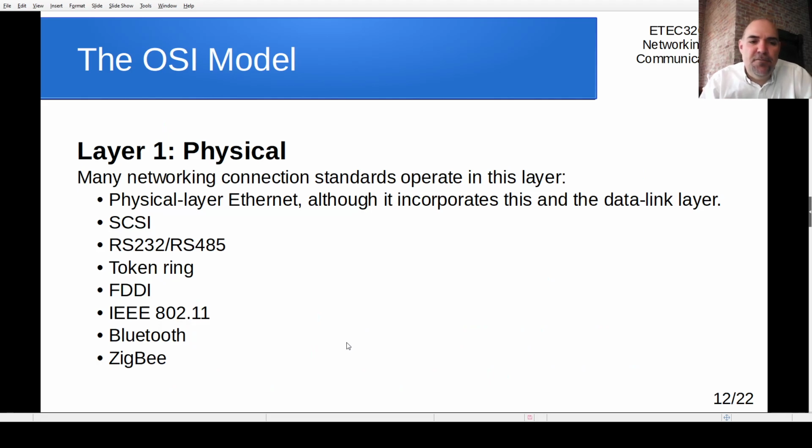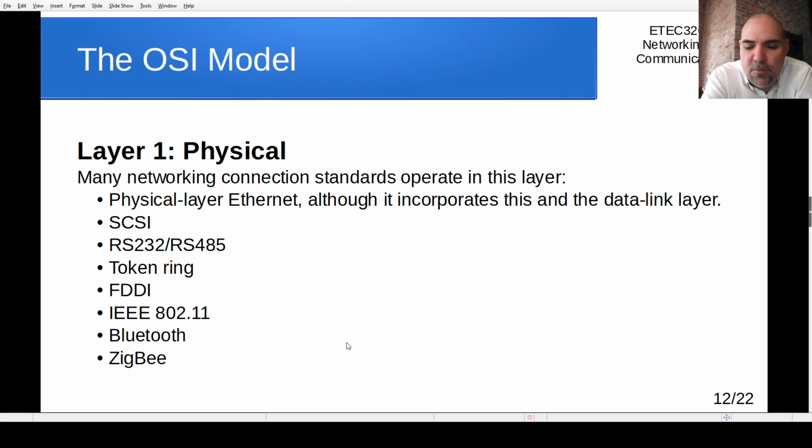All right, so to finish up the physical layer here, there are a whole lot of standards that operate in that. A few of them I put here: physical layer Ethernet. Although, if you remember, I had mentioned that part of Ethernet is in the data link layer as well. But there are other examples of this as well. RS-232, a thing called SCSI, which used to be a way to connect computer peripherals together. You don't see much SCSI stuff anymore.